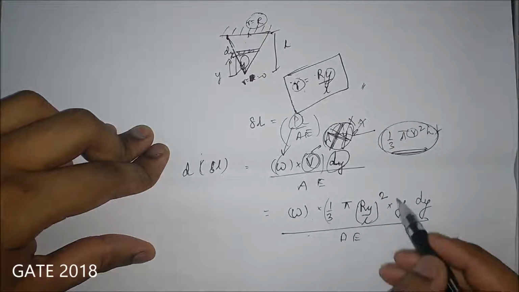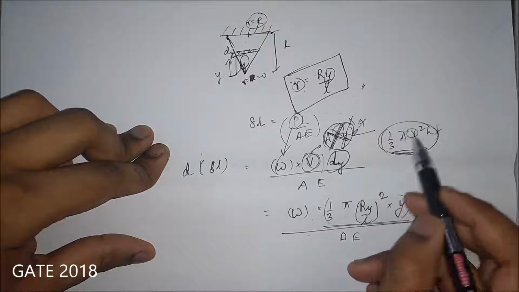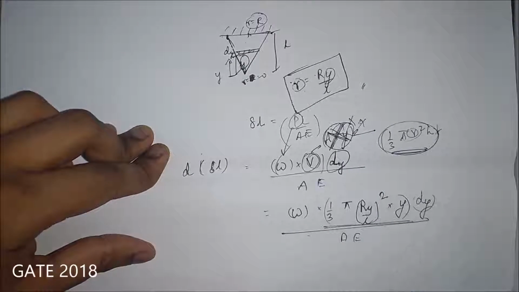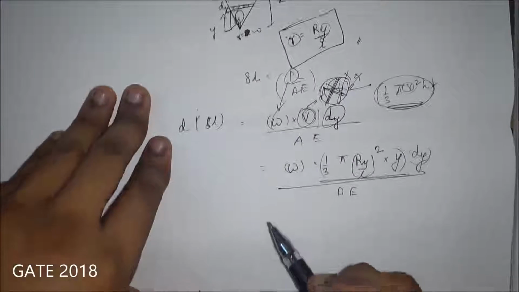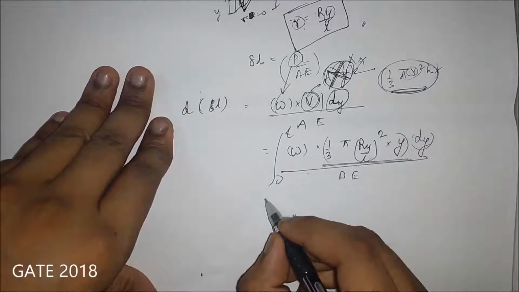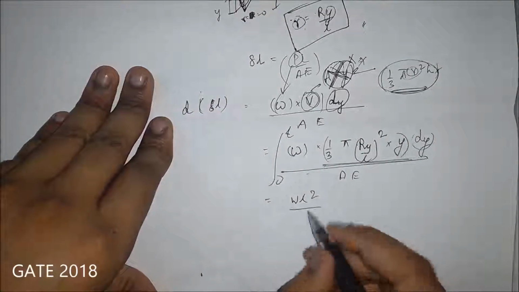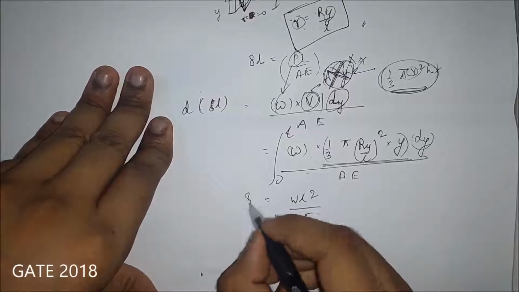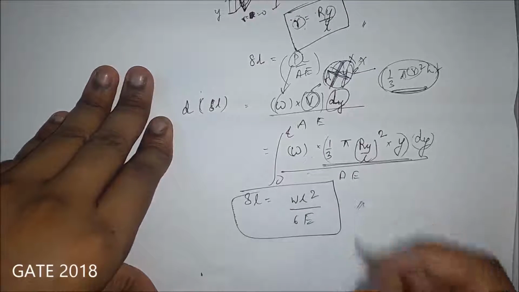Correct? I hope you got this. Pretty simple. Only the volume formula has changed. Rest all is the same. Now just pure integration. After integration you will get the change in length as W L squared by 6E.